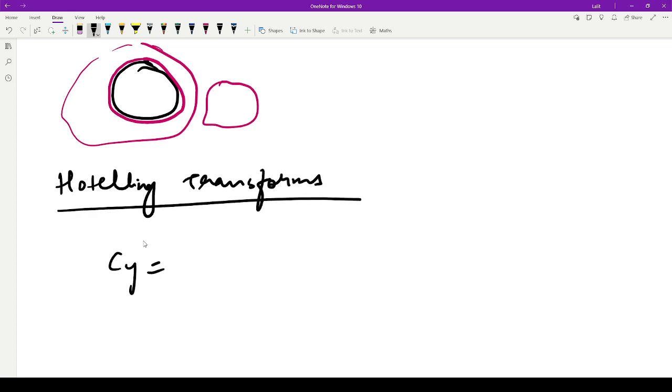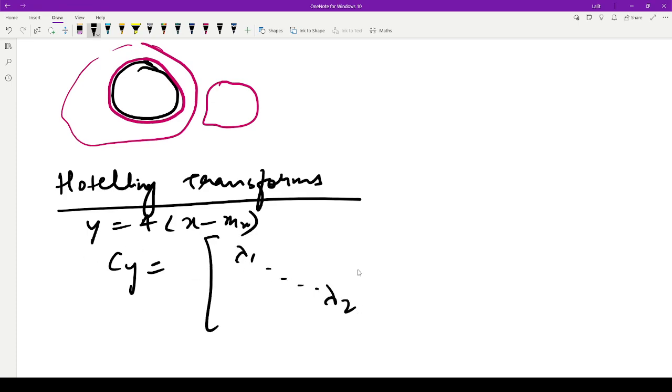If you apply a Hotelling transform like this and look at the covariance of this variable y, it turns out to be only diagonals, lambda 1 to lambda n.